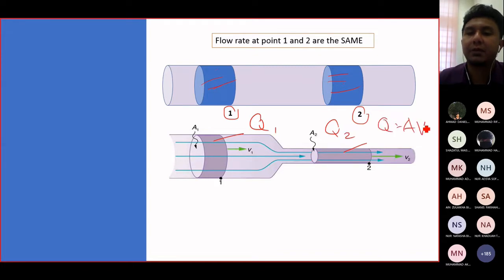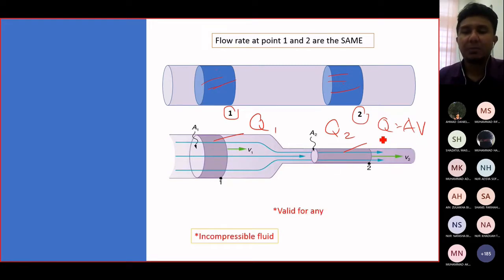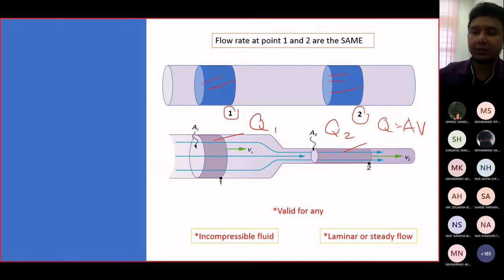Remember, Q equals A times speed. Q is the same, but area changes and speed changes. This is valid for incompressible fluid, which is ideal fluid, and laminar or steady flow. Turbulence we cannot use; you have to learn that deeper in the fluid topics.